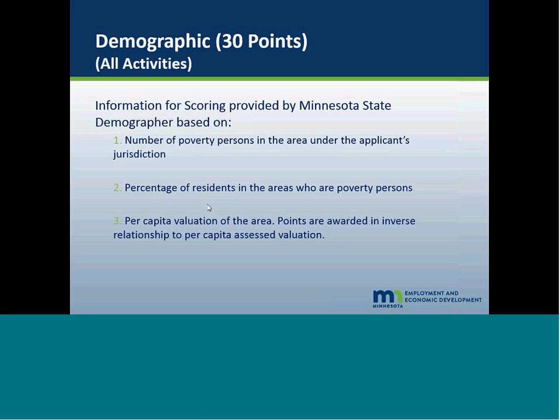We get it from the Minnesota State Development Office. Number of poverty persons in the area, percentage of residents, per capita valuation of the area. So this is something that you cannot change. So this is where we get that from the demographer's office.